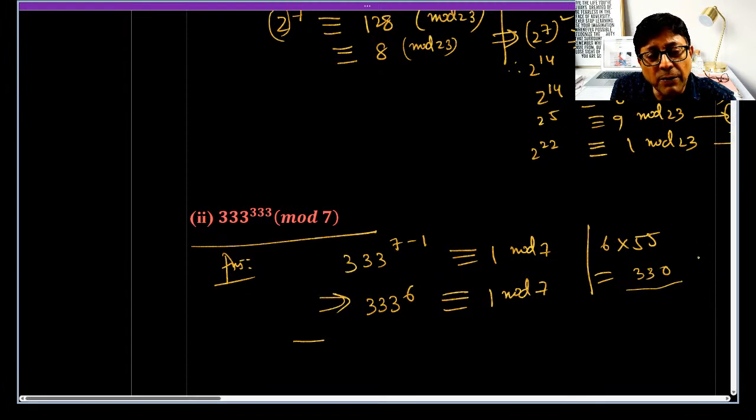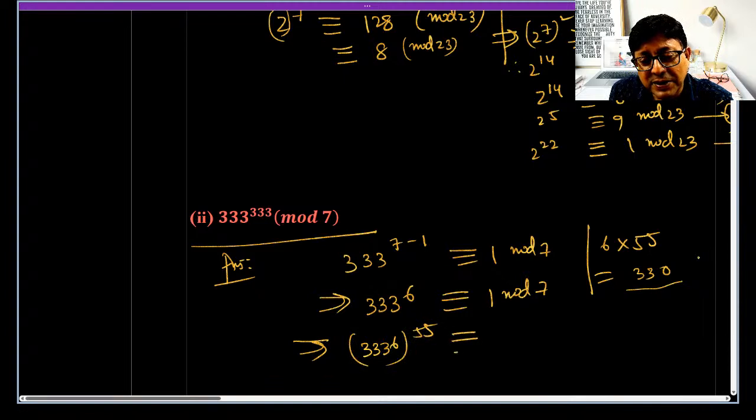So you raise the power to 55 on both sides. This to the power 55 is congruent with 1 to the power 55 mod 7.